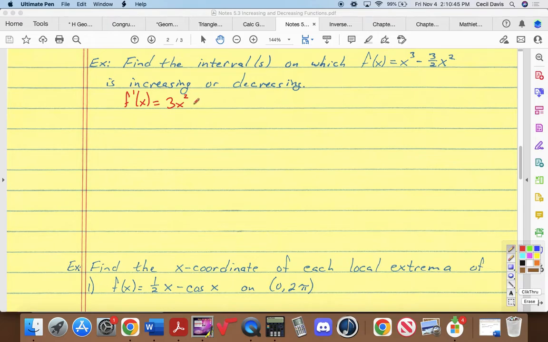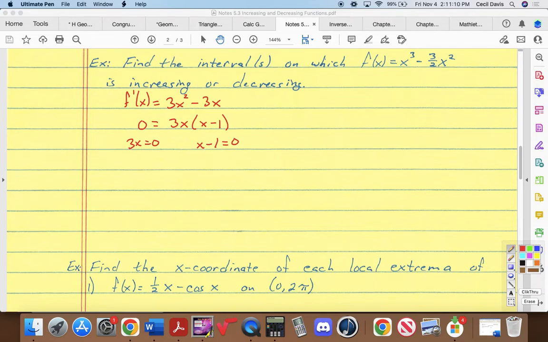That's 3x squared minus 3x. We want that to be equal to 0, so I'll factor out a 3x. So either 3x has to be equal to 0 or x minus 1 is equal to 0.